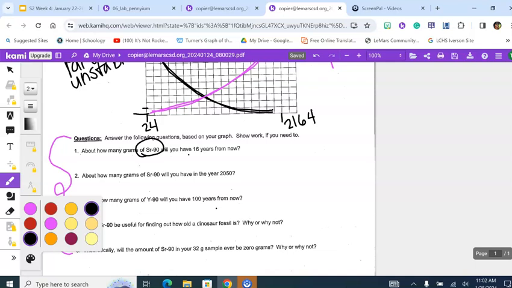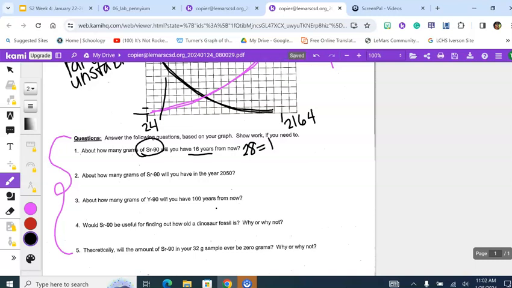And it says, how many would you have 16 years from now? So you could have gone to your graph and looked that up. Or you could have said to yourself, okay, Sr-90 takes 28 years to decay in half. So after 28 years, I'd have 16 grams.